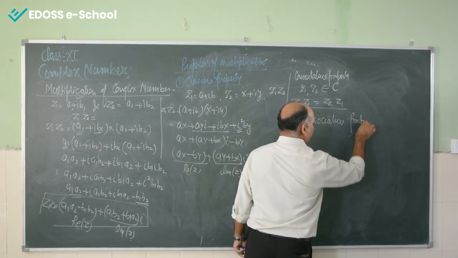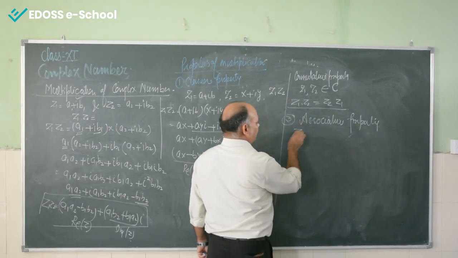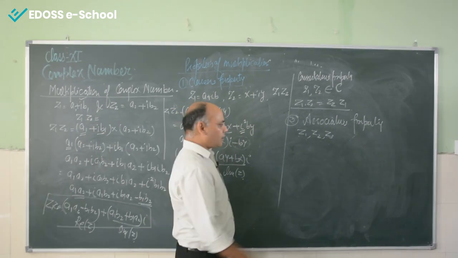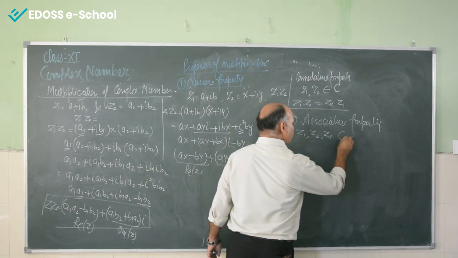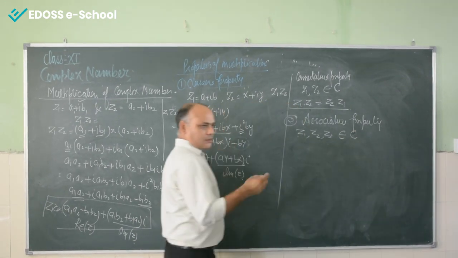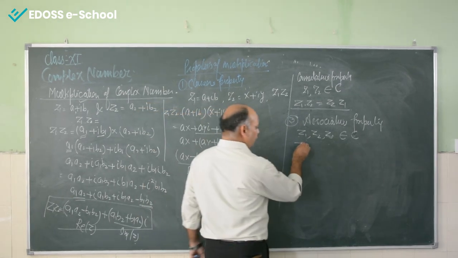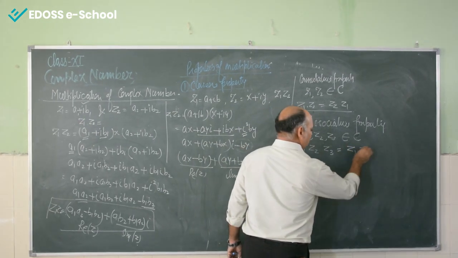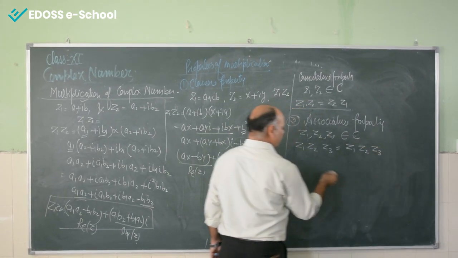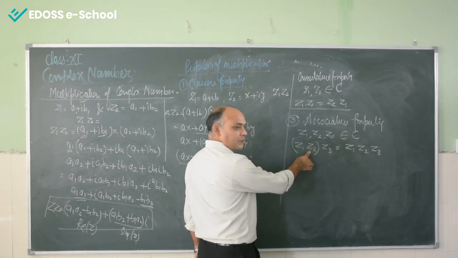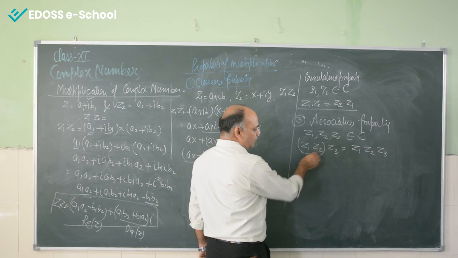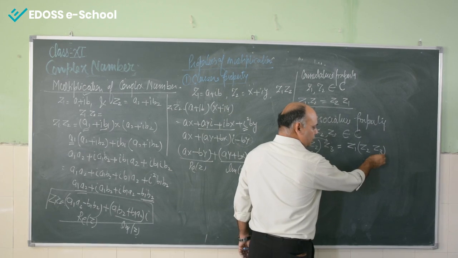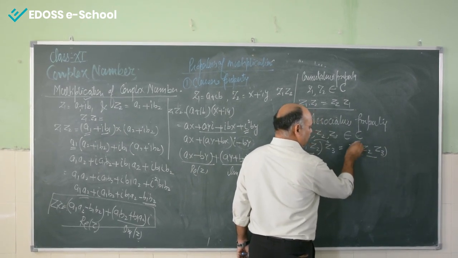The associative property says if Z1, Z2 and Z3 are three complex numbers belonging to the set of complex numbers C, then Z1, Z2, Z3 will be equal, but the operation will be Z1 is multiplied by Z2 first, and the result is multiplied by Z3, and this will be equal to Z2 into Z3, and then the result is multiplied by Z1.